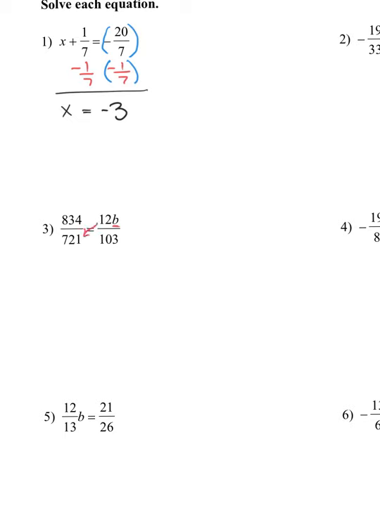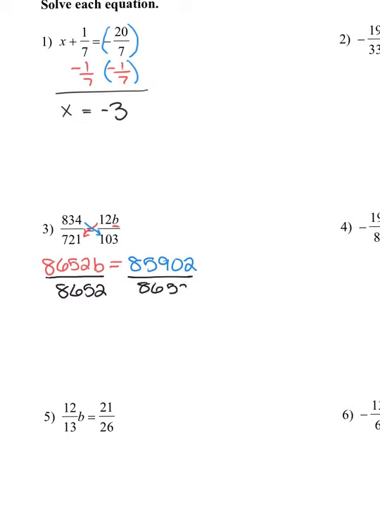So 12b times 721, again, take out your calculator, you get 8652b equals, and then if I cross multiply the other way, 834 times 103 is 85902. In order to get the b by itself, I'm going to divide by the number in front. So I'm going to divide both sides by 8652.